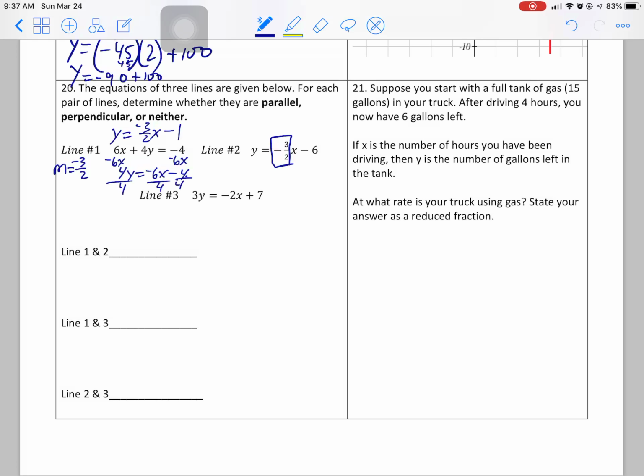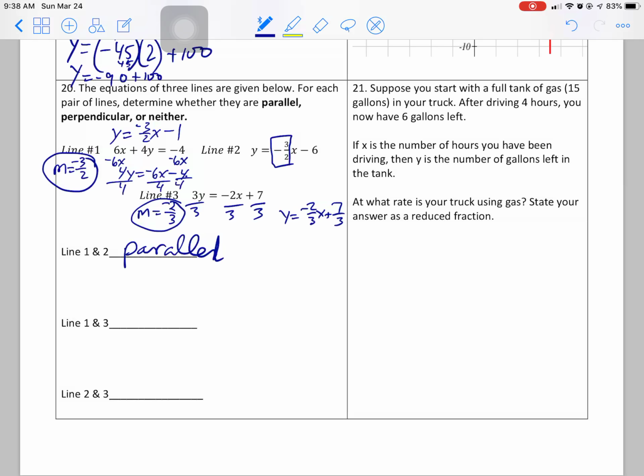And then line 3 needs to get y by itself. So y equals negative 2/3 x plus 7 over 3. So its slope for line 3 is negative 2 over 3. Okay? Now, line 1 and line 2 have the same slope, so they are parallel to each other.